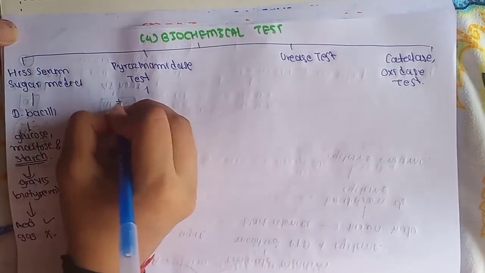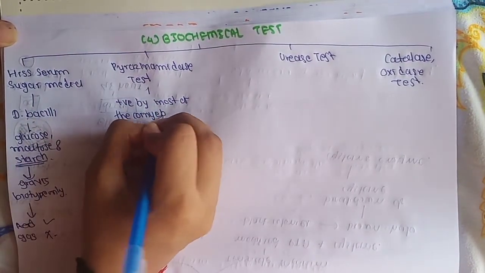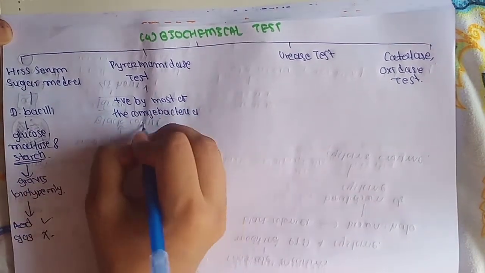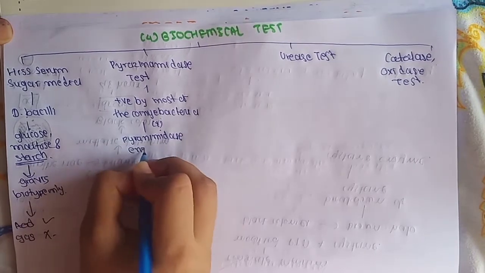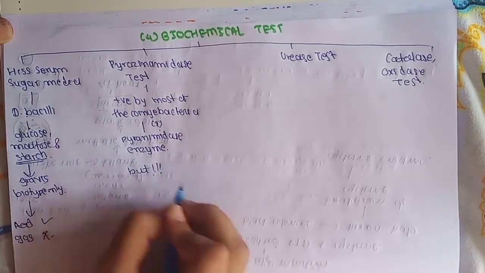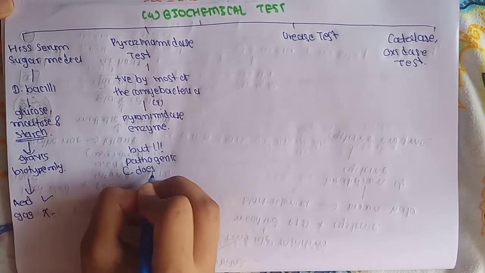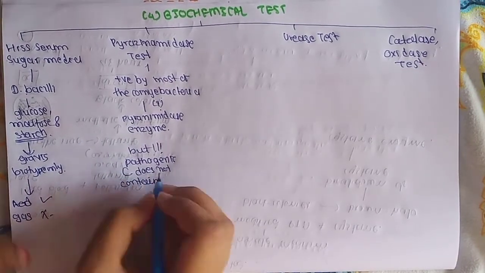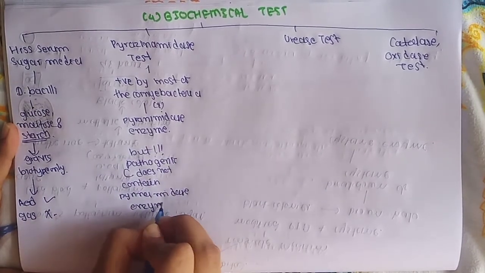Second test, the pyrazinamidase test, is positive for most of the corynebacteria because of the presence of the pyrazinamidase enzyme. But the pathogenic Corynebacterium diphtheriae does not contain this pyrazinamidase enzyme, that's why it gives a negative pyrazinamidase test.